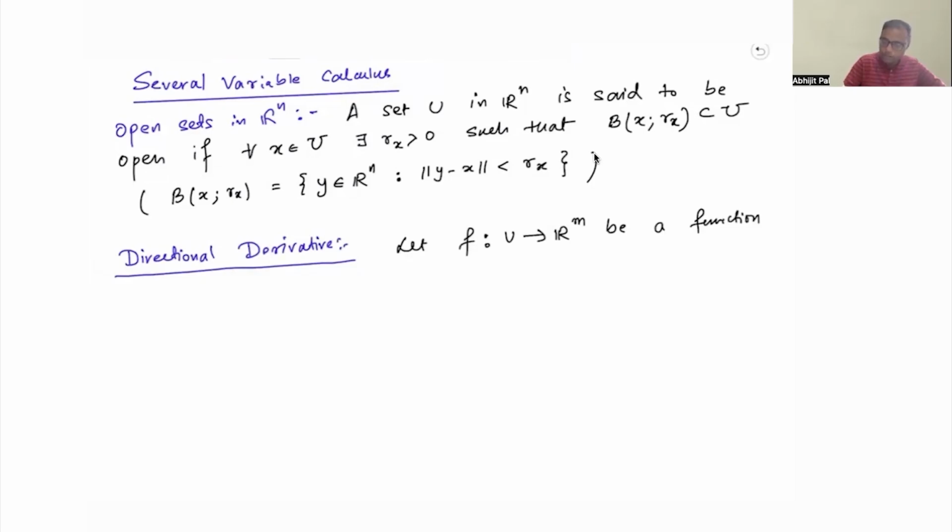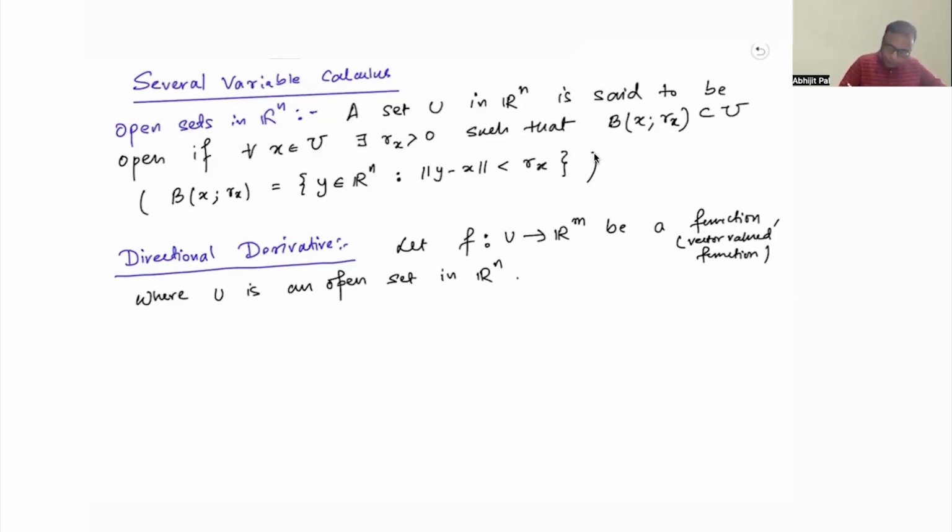Note that this is a vector valued function, meaning that if I take any point x belonging to U, f of x is a vector in Rm. That's why it is called a vector valued function. So f is a function from U to Rm, where U is an open set in Rn.